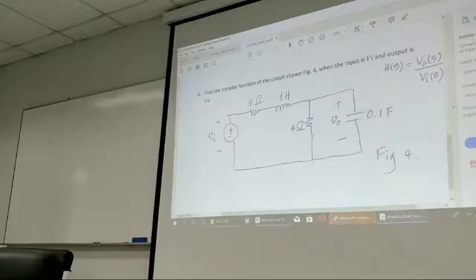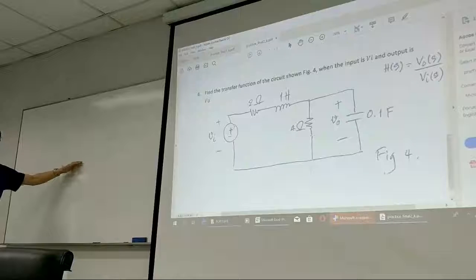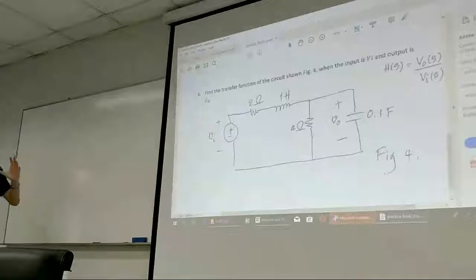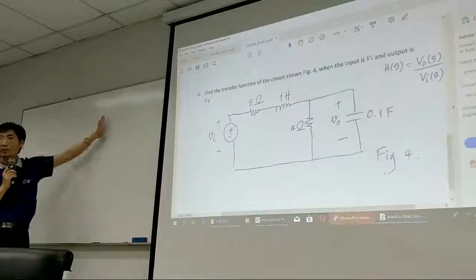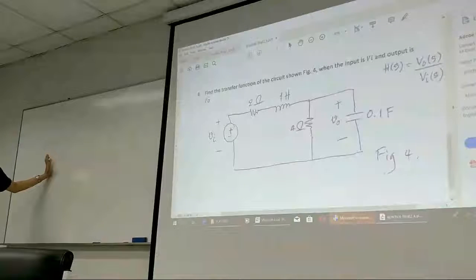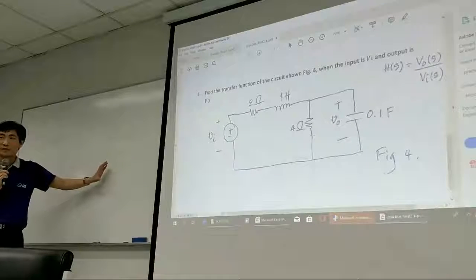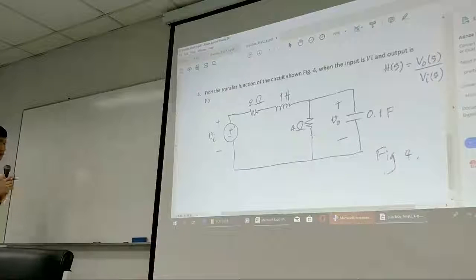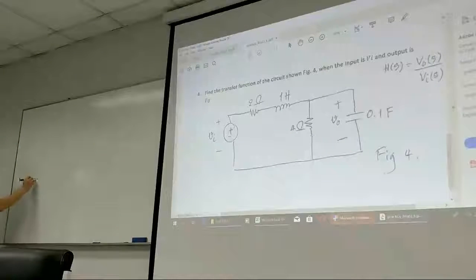If you have two equations, you have to combine them. Remember, we're not solving for the answer. We just want the equation and rearrange it so we get the V output over the V input. Our goal is not solving for any answer, right? We want to obtain the expression and get the transfer function.